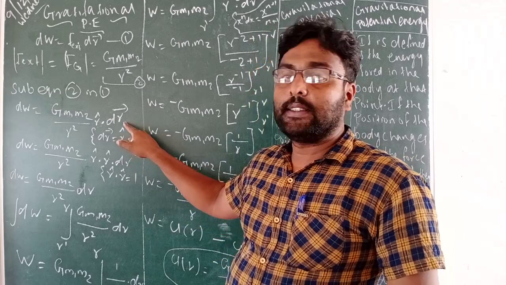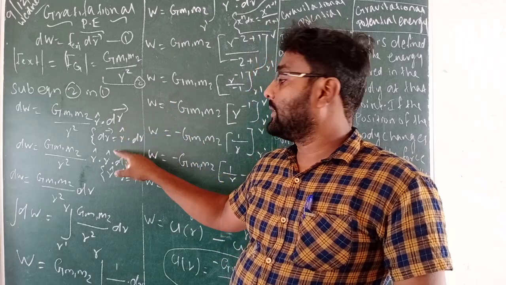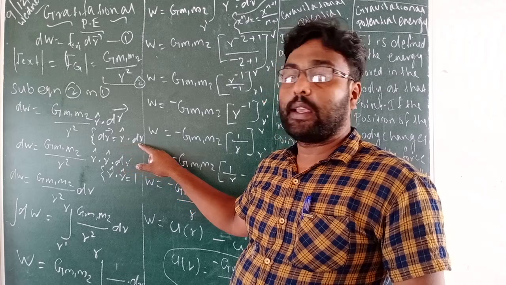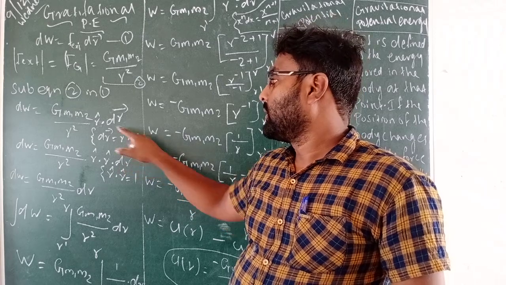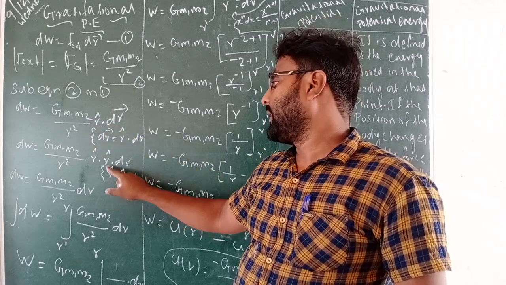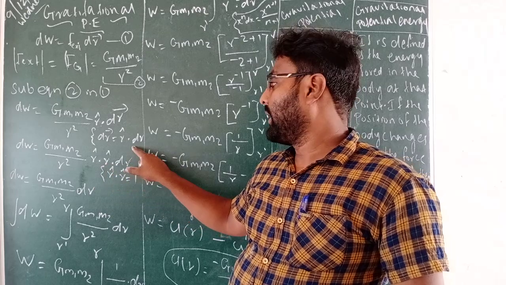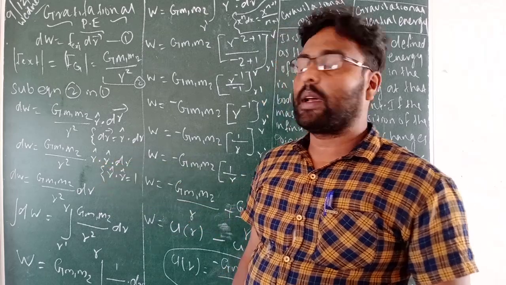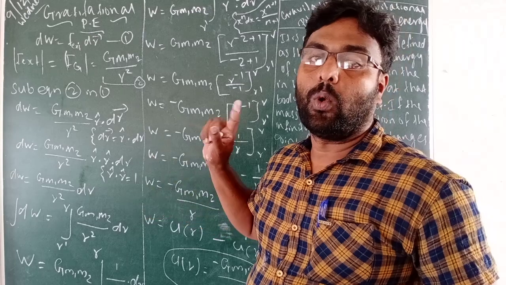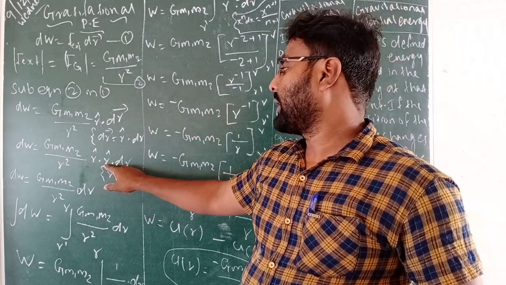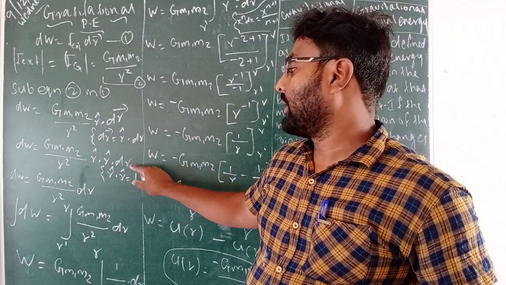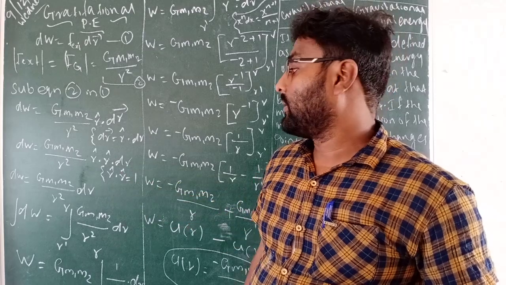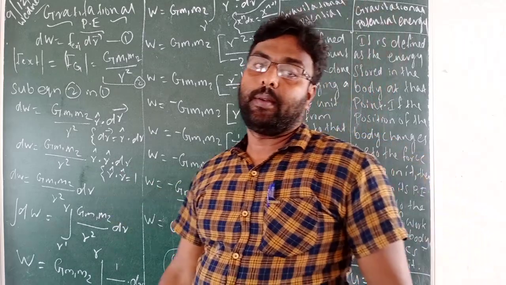Now we have to change this dr vector. To change this dr vector, formula is what? R cap dot dr. So here already one R cap is there, so R cap dot dr we have added. Now R cap dot R cap is what? 1. So this R cap dot R cap is 1, cancel, and only dr remains. So this is the work done.